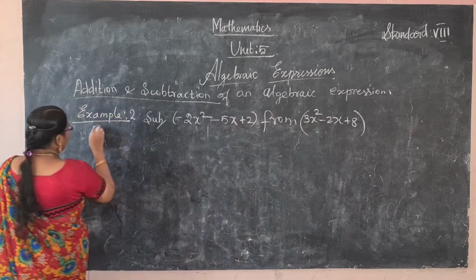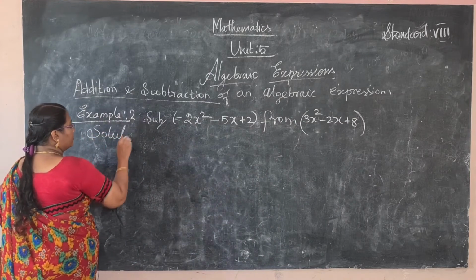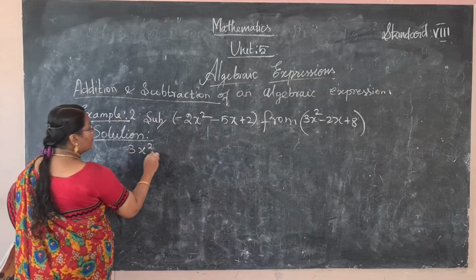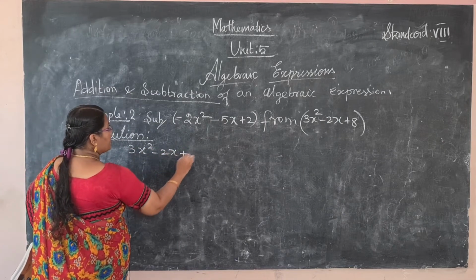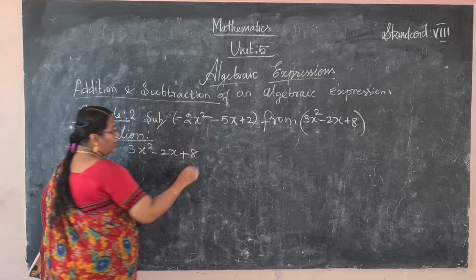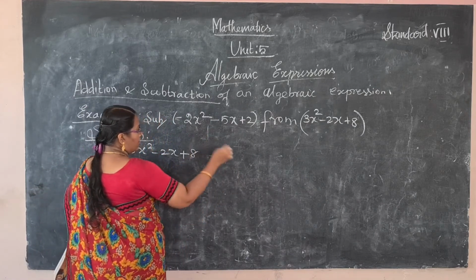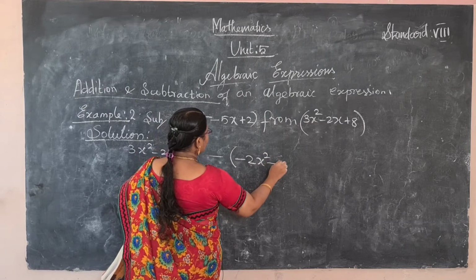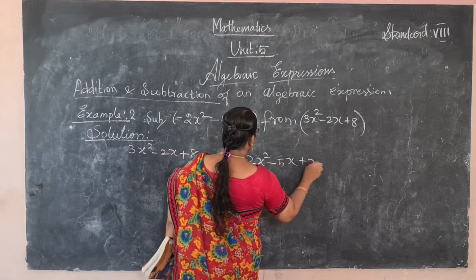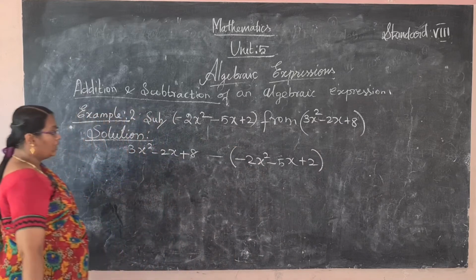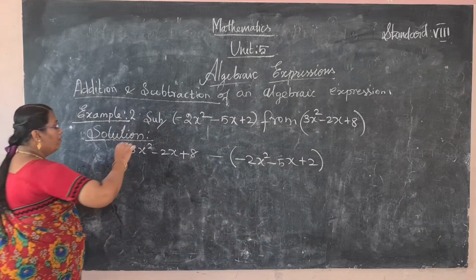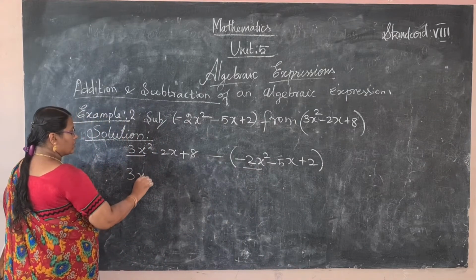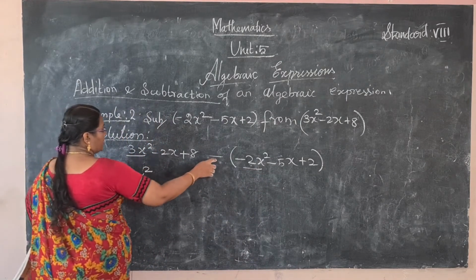So solution: (3x squared minus 2x plus 8) minus (minus 2x squared minus 5x plus 2). Now arrange the like terms.